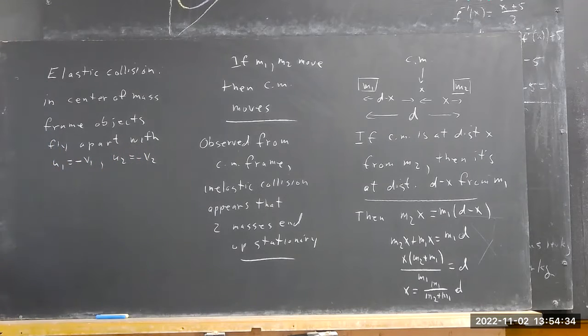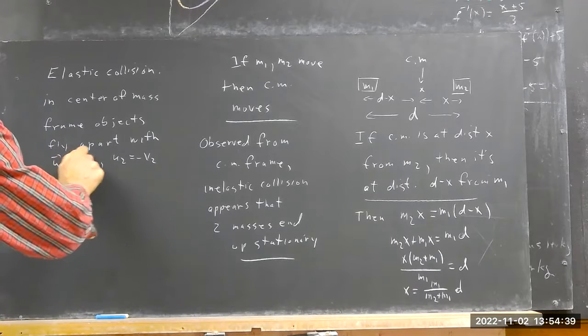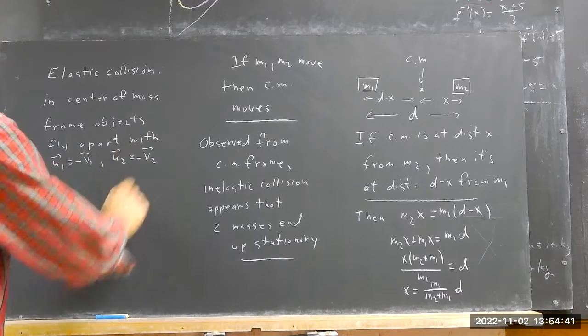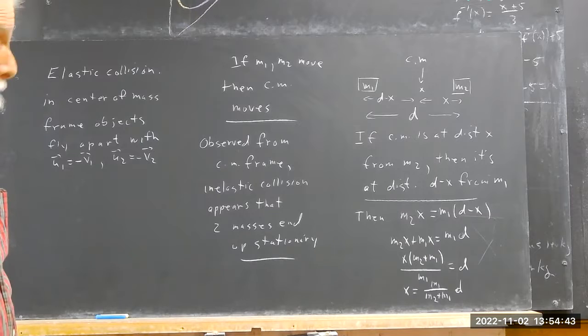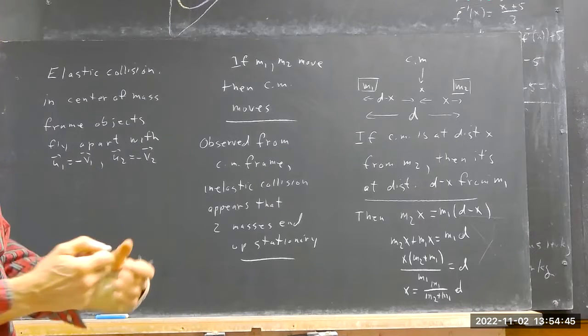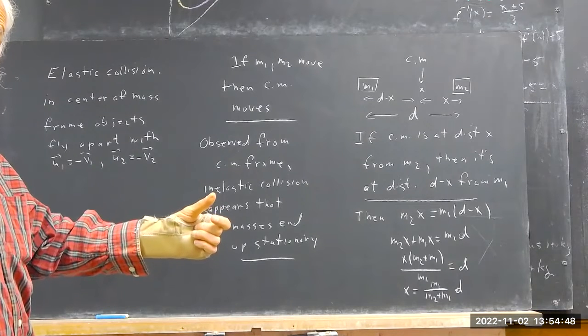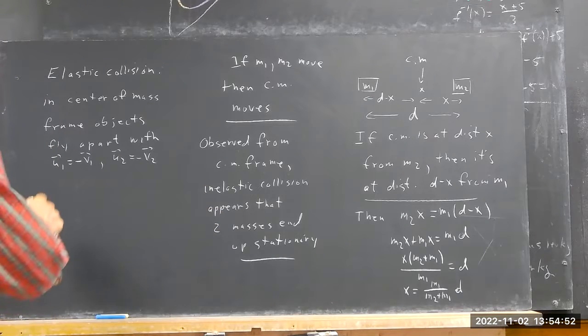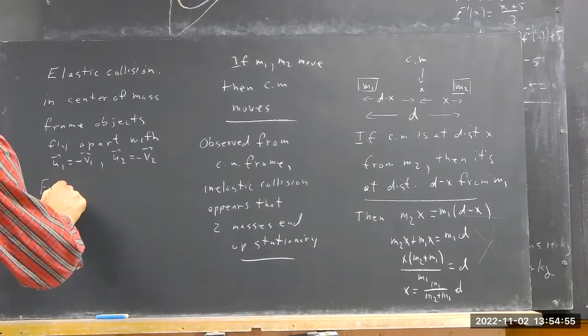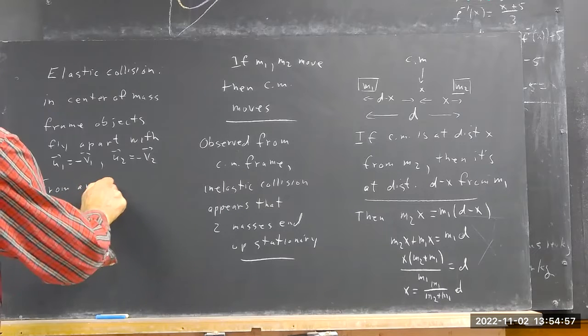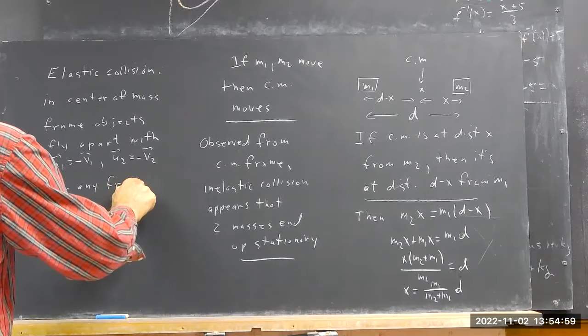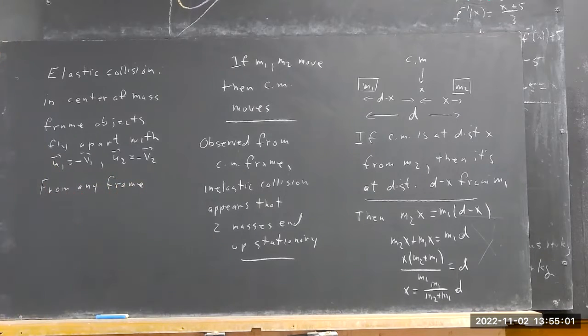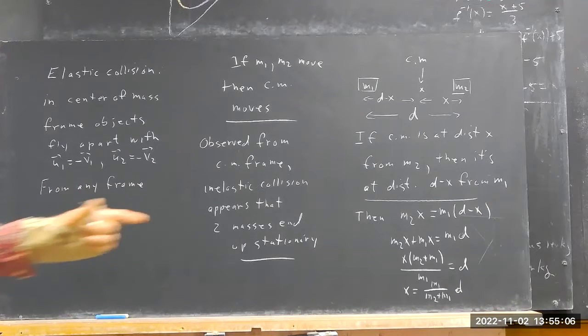The objects fly apart. Well, I'm going to say with U1 equal negative V1, U2 equal negative V2. In other words, they keep the same speed, but they reverse their direction. Any inertial reference frame, I didn't put the word inertial in here, but it means to be moving at constant velocity.